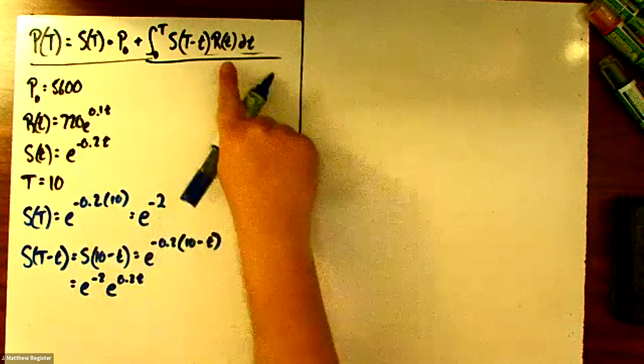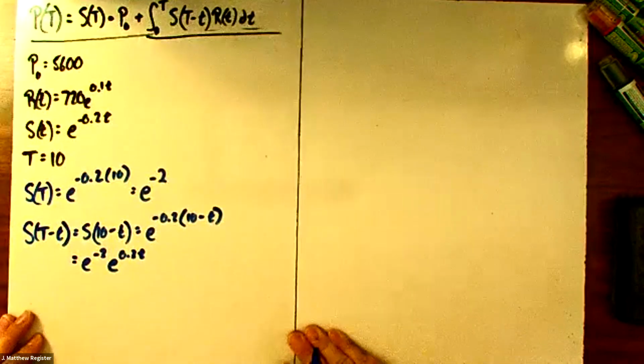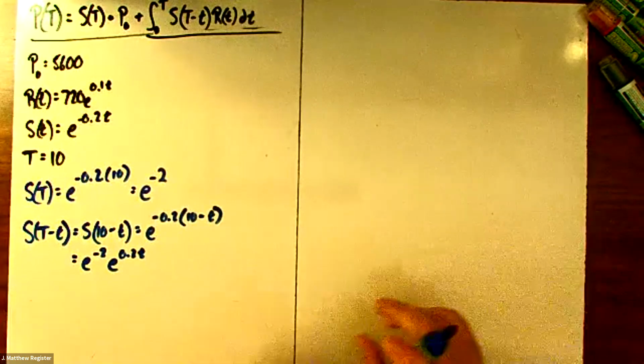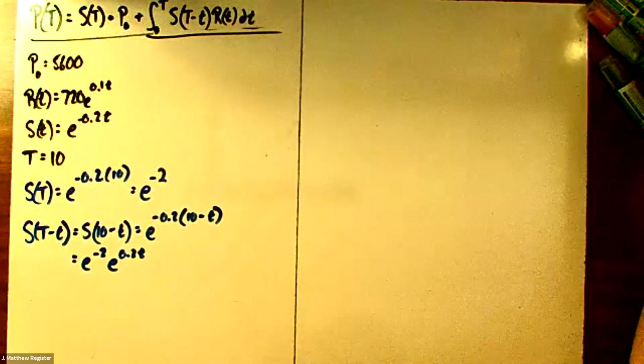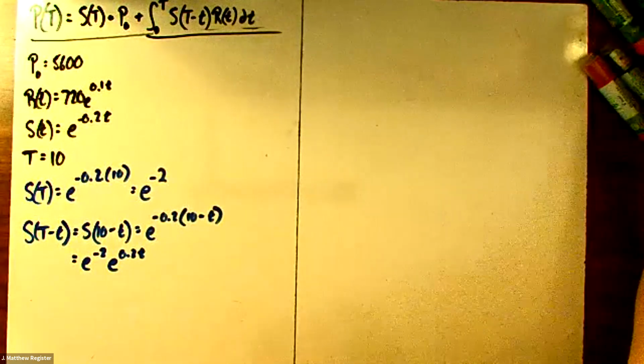And then we have r of t, which we already have. And so at this point, we have everything we need to rewrite this expression.